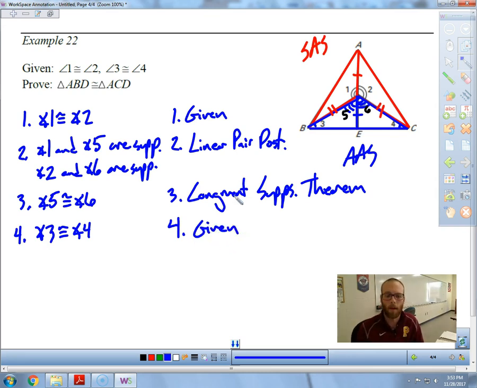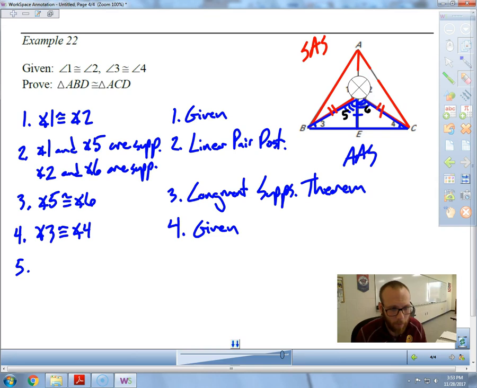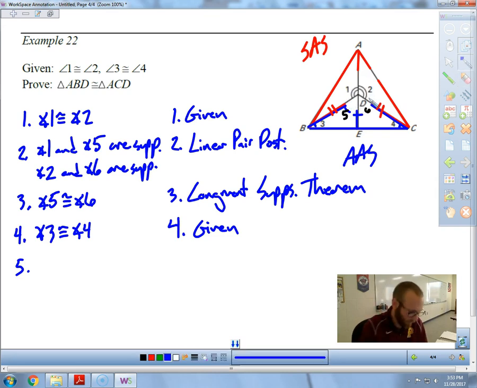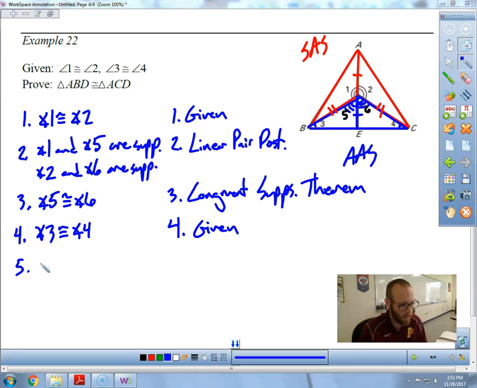What else do we have in those blue triangles? Right there. Oh boy, what letter is that? I'm going to have to do a quick erase. D. DE is congruent to DE.